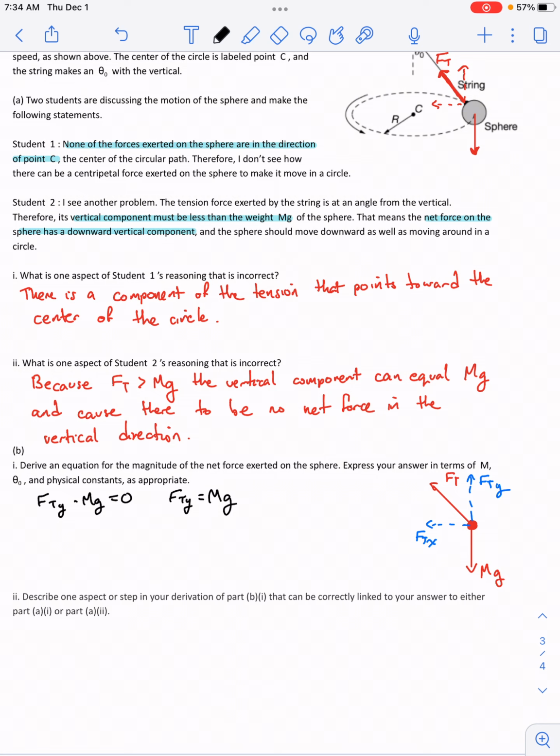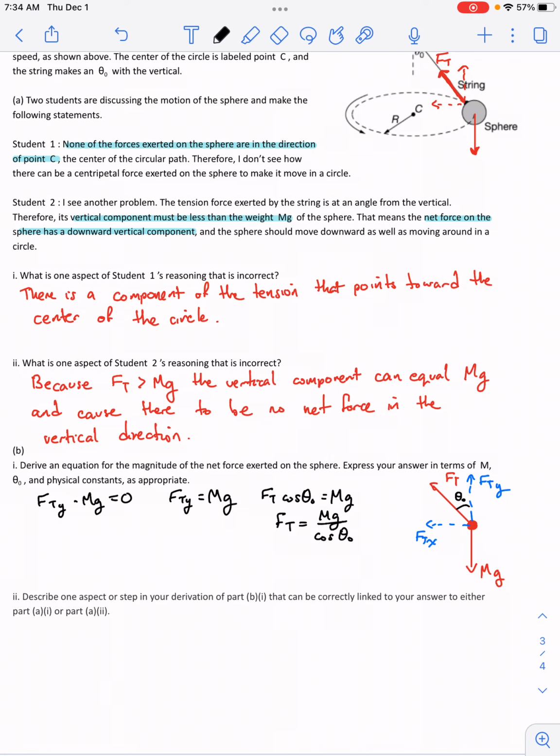And because this angle here would be theta, we could say that Fty is Ft cosine theta. So Ft cosine theta is equal to mg, or in other words, Ft is equal to mg over cosine theta, right? The reason is we don't want to have Ft in our expression at the end, because it's not one of the things that we're allowed to have for our final expression.